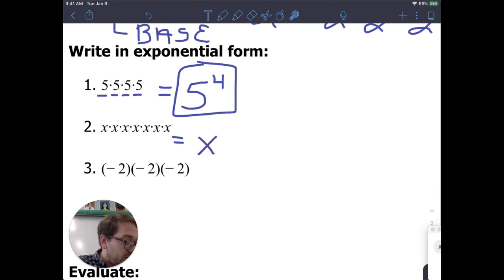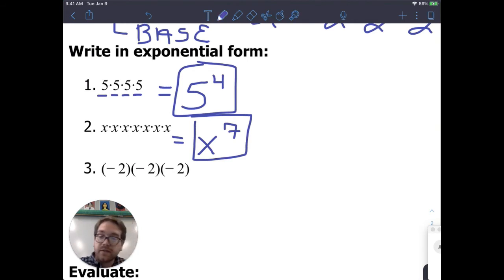And then how many times? 1, 2, 3, 4, 5, 6, 7. I have 7 x's being multiplied together, so I'm going to take it to the 7th power. That is x to the 7th power. So that's how I would write this expression using an exponent.